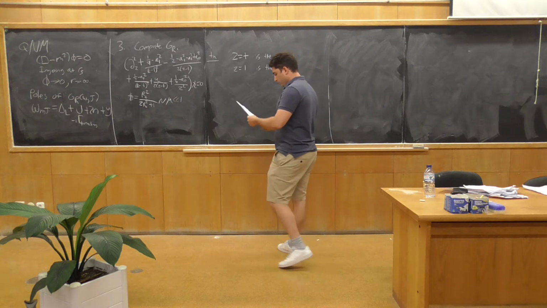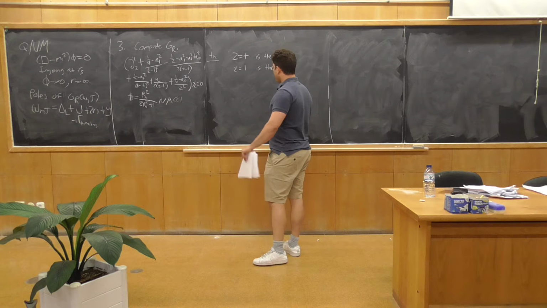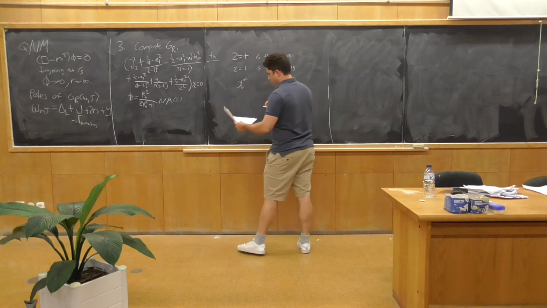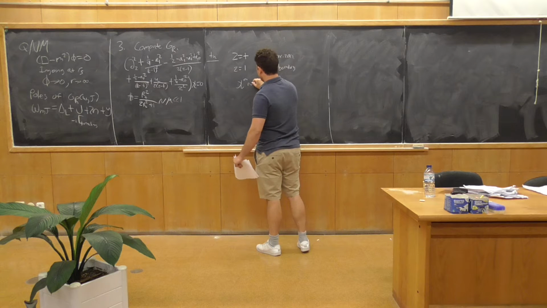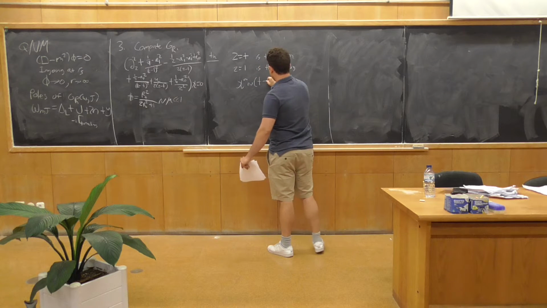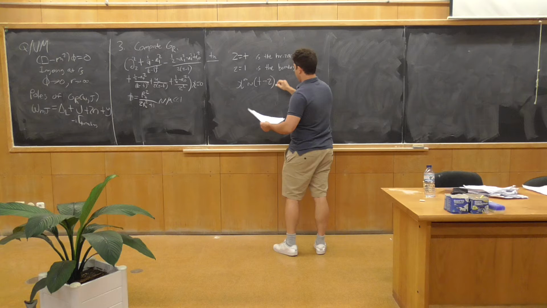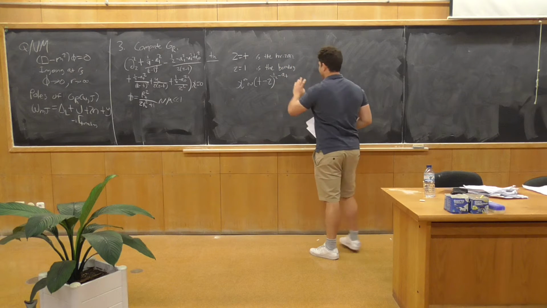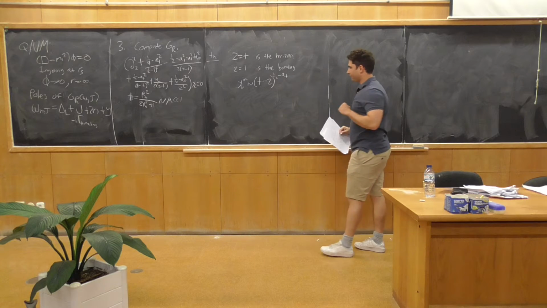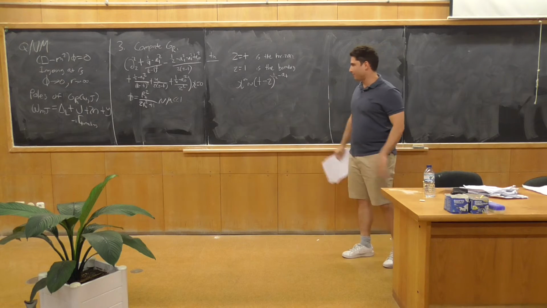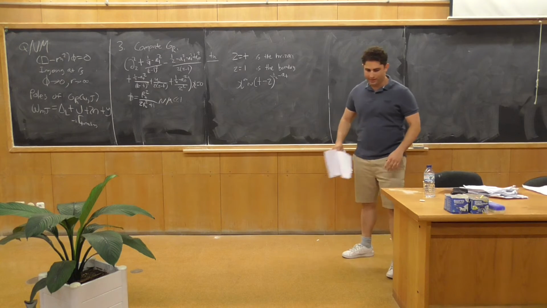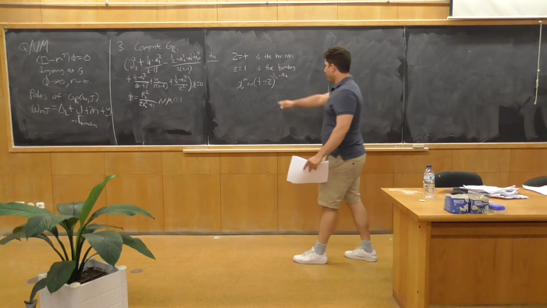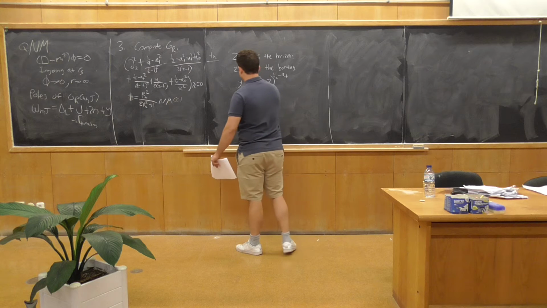What they tell us is to do the following. Take a solution to this equation which is ingoing at the horizon. What this means is that it goes like this. This is just in terms of these a parameters, but it's easy to see that this is the ingoing solution at the horizon. Then we take the solution and we expand it at the boundary.